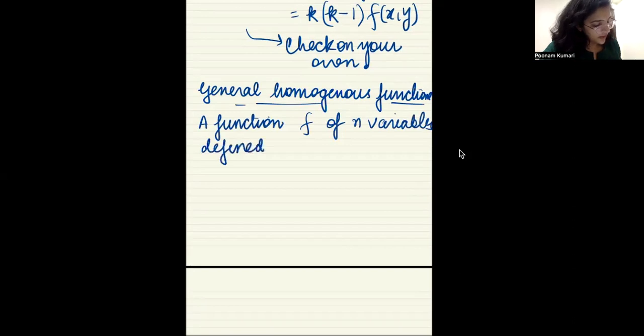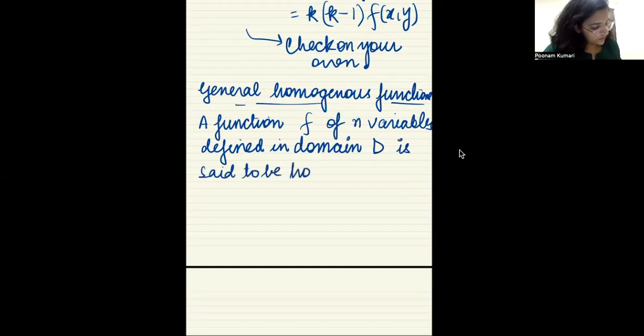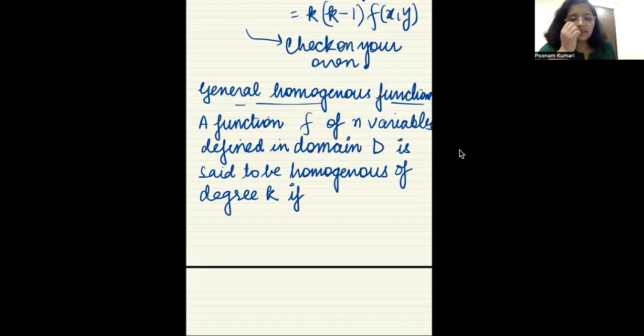Defined in a domain D, is said to be homogeneous of degree k if, we simply extend the idea, if you multiply each of the variables by t, what happens?